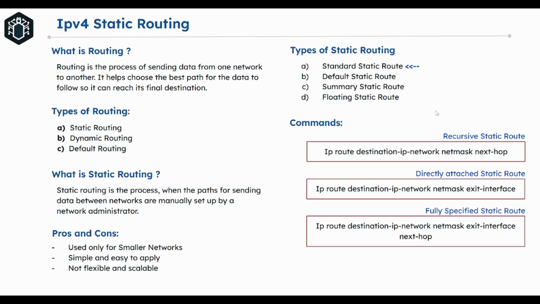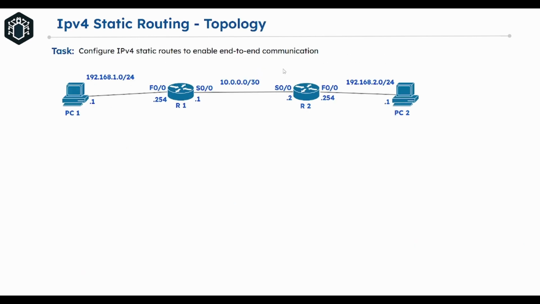Using this command, we specify both the next hop IP address and the exit interface. So in summary, the recursive static route uses the next hop IP, the directly attached static route uses the exit interface, and the fully specified one uses both.